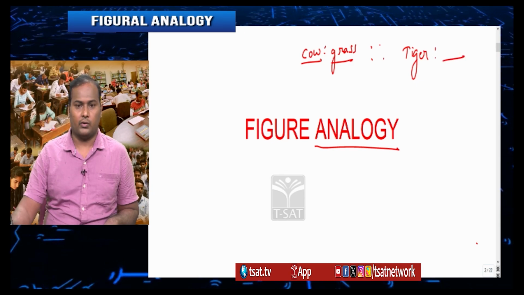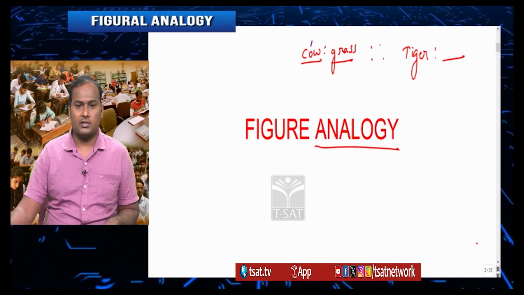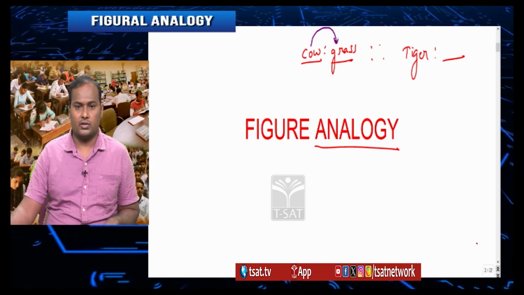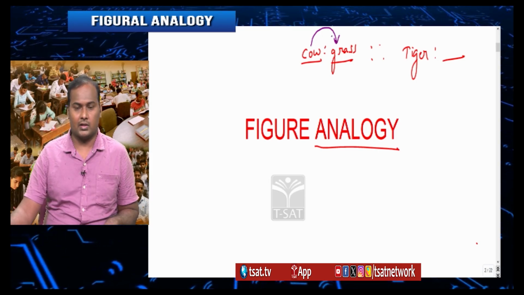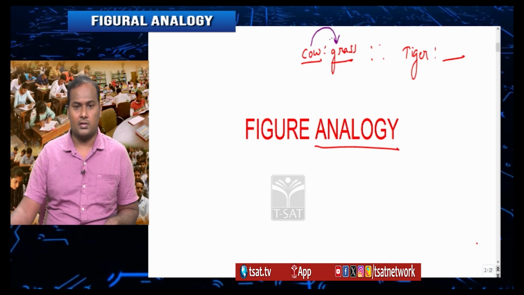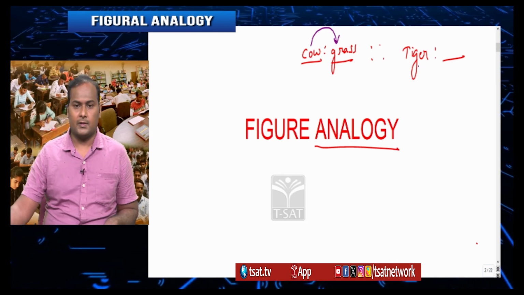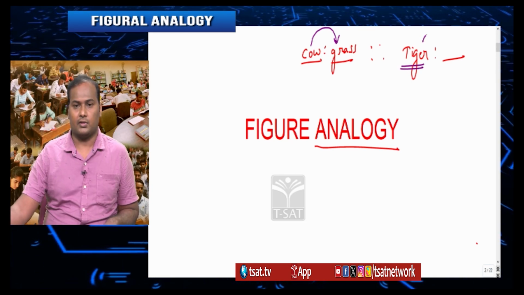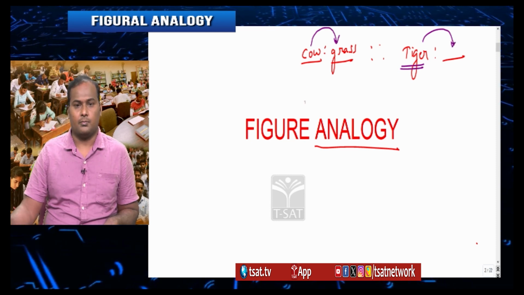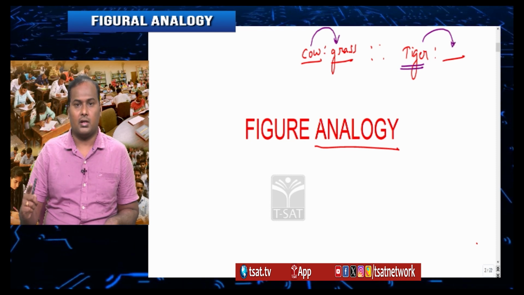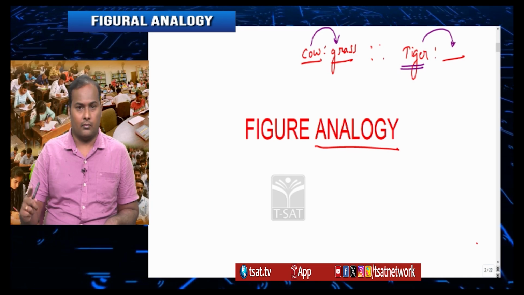So in this case, whatever the relationship that you establish between cow and grass, maybe cow eats grass or cow consumes grass, the same relation you have to establish for tiger as well, and you have to get the answer. So simply analogy means establishing the relationship between two given words or letters or alphabets or figures.